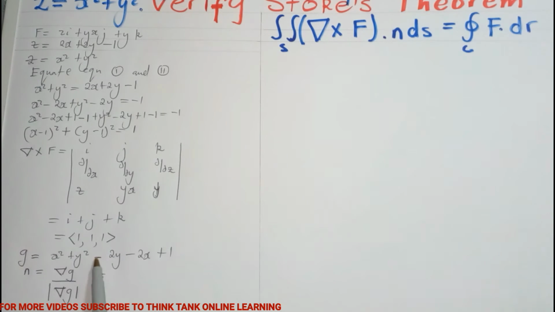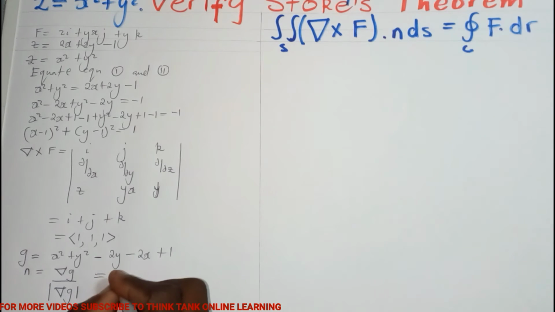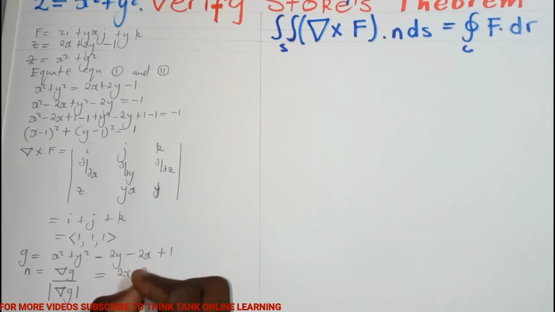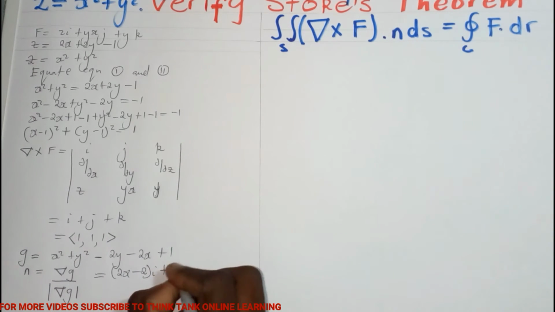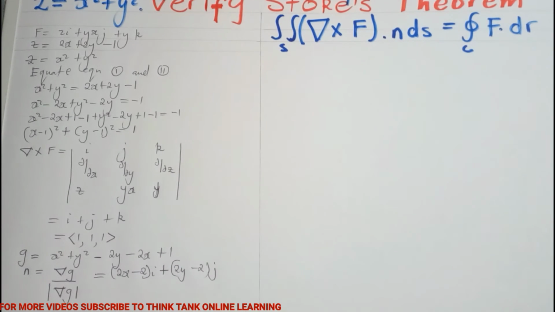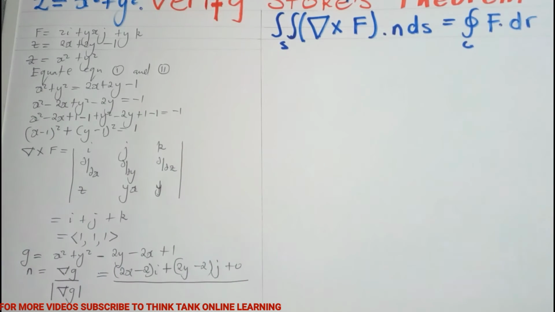So if we differentiate with respect to x, that is the i component, we're going to get 2x minus 2 i, plus with respect to y, it's going to be 2y minus 2 j, and for k it's 0. What about the magnitude?